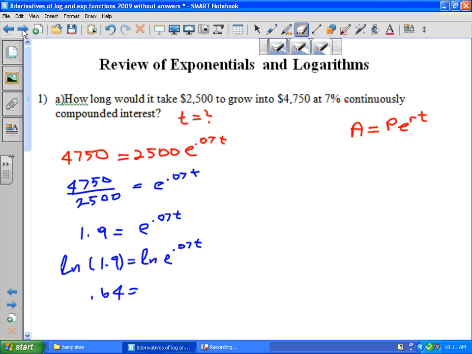So in this case, it's going to be 0.07t times, so bring the power down. And what do we know about ln e? ln e is the same as log base e of e. And anytime the base is equal to that number, that will be 1. So ln e is 1. It's a good one to know by heart, so you don't even have to use a calculator for that one.